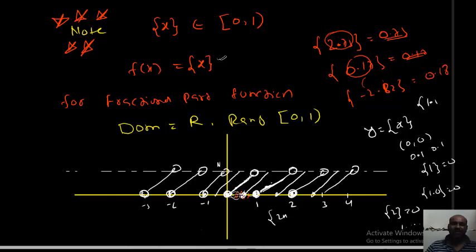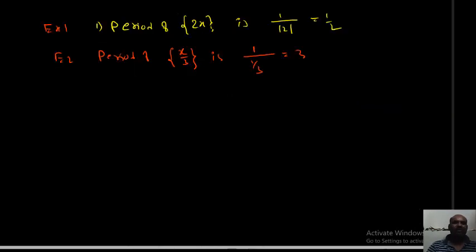So half is the period of the fractional part of 2x. Okay, so that is how you got the answer. Observe, you got the same half algebraically. That was the graphical explanation, this is the algebraic result. In this way we will also get the period of the fractional part of x by 3.